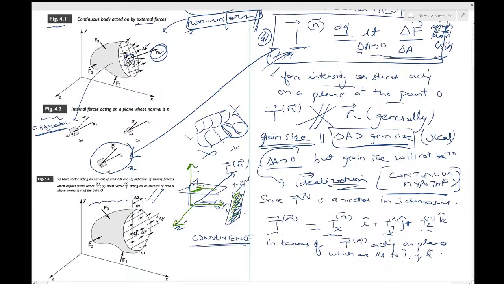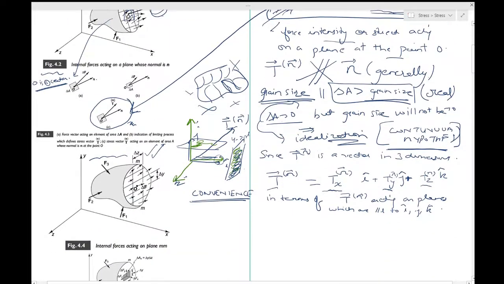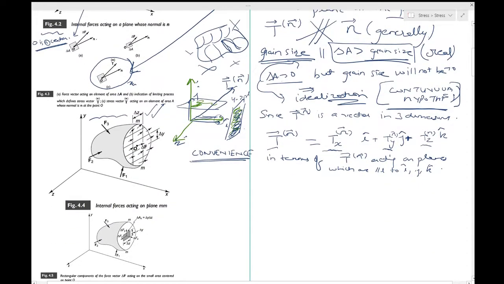Let's see. On this small area delta A, which is centered on O, there will be a force acting, delta F, which is inclined to the surface at some arbitrary angle.